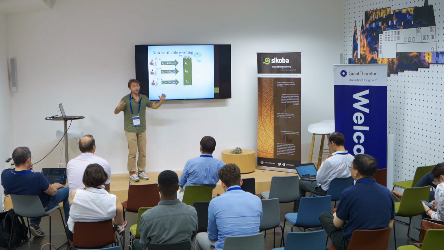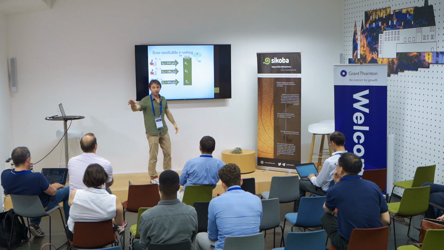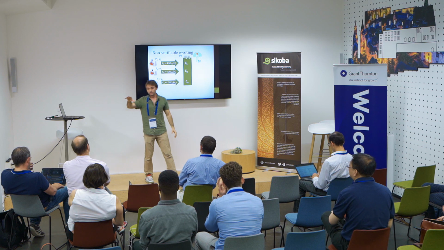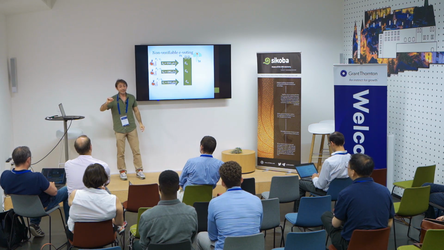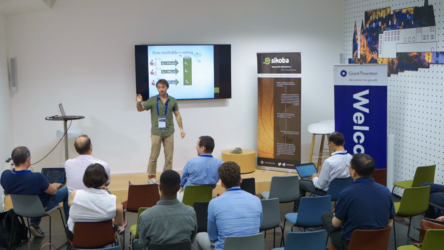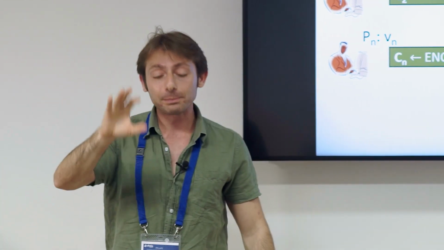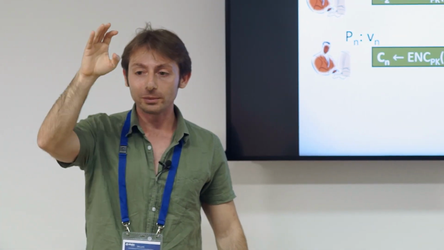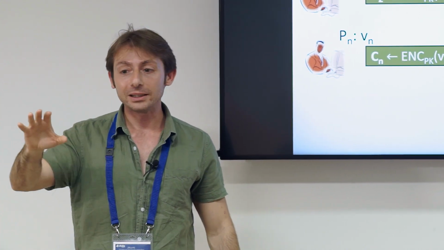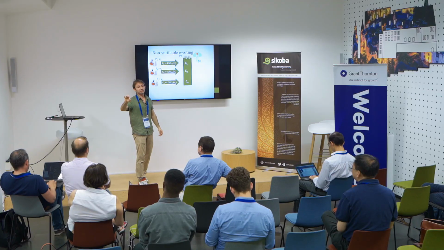What does it mean? If I know that all people in this room are eligible for voting, and I know that every person will cast a vote, then I can have a system in which the result of the election is publicly computable from the ballots, and there is nobody that can infer the vote of each single ballot.